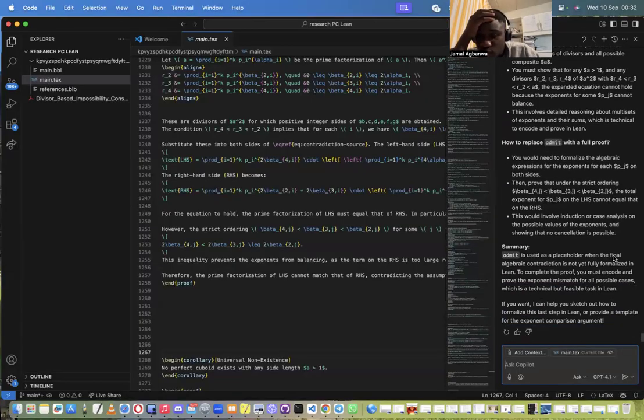To complete this proof, you must encode and prove the exponent mismatch for all possible cases, which is a technical but feasible task in Lean.